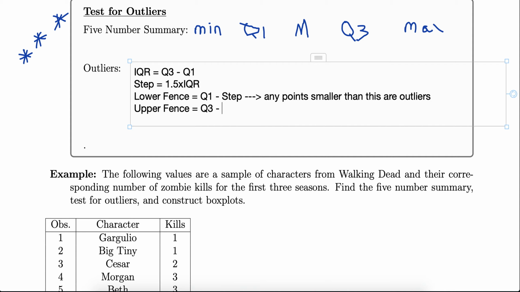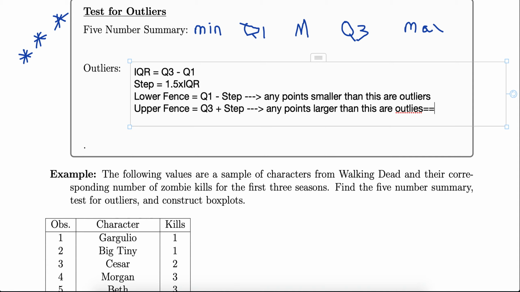Upper fence, you start with Q3, the top 25. So this one is going to be Q3 plus the step amount. Make sure you have those signs correct. And any points beyond this are going to be considered unusually large observations or outliers. So here I'll say any points larger than this are outliers.